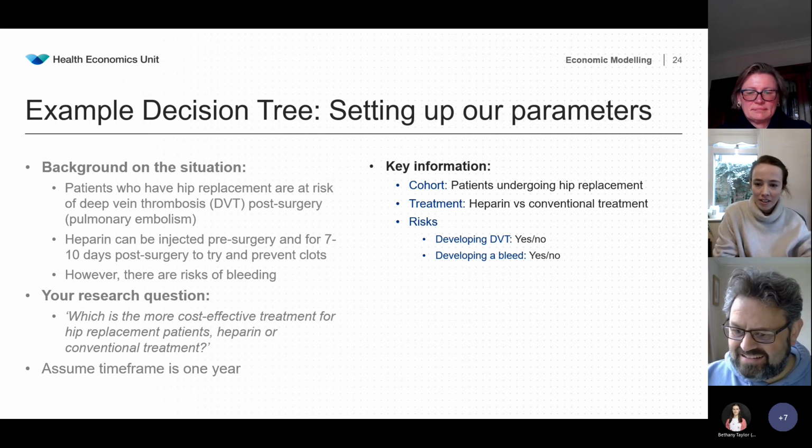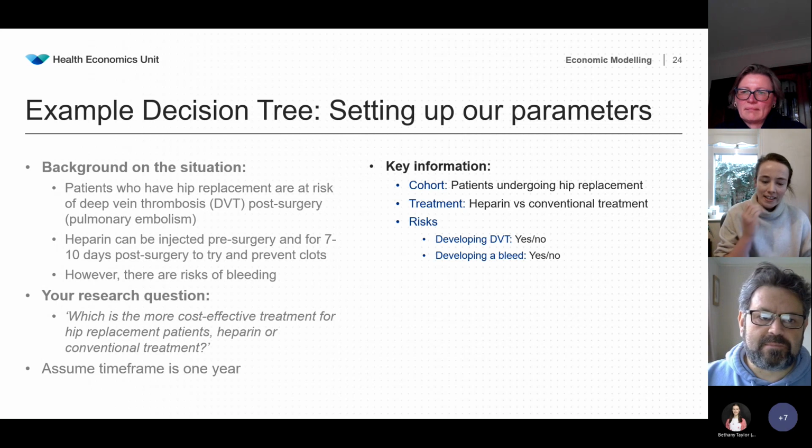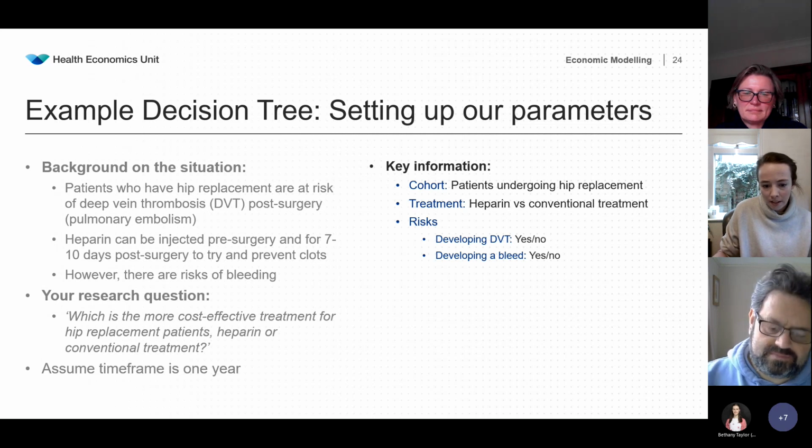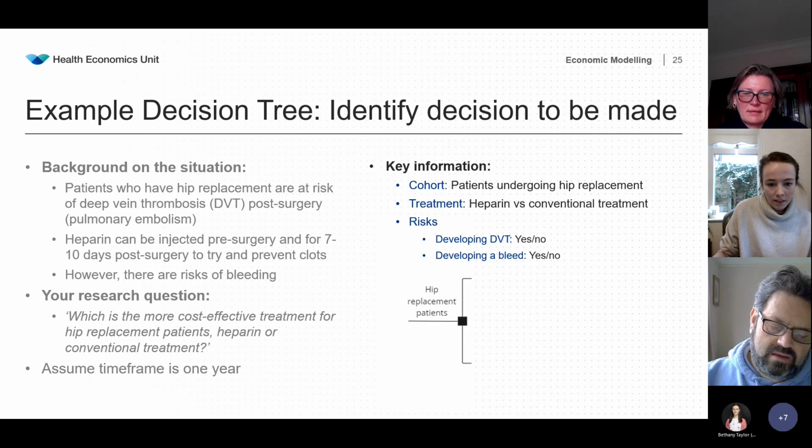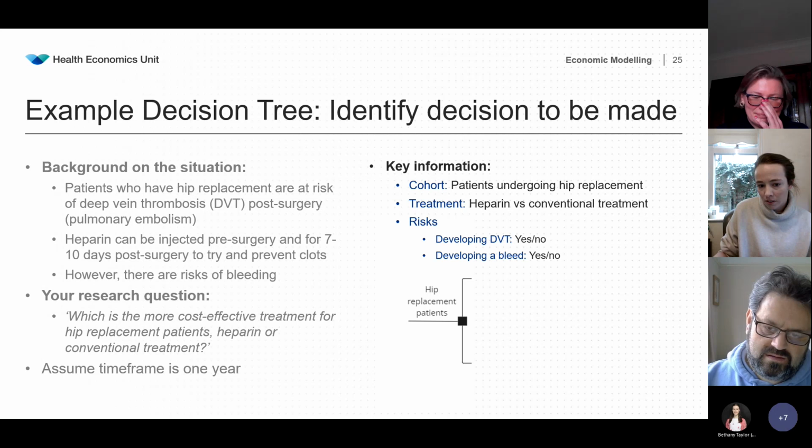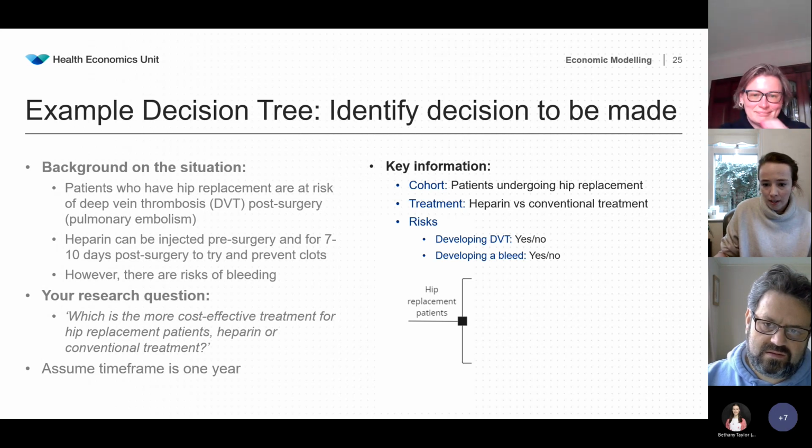Okay, so if you are having a little bit of trouble with where to start, here's some key information pulled out. These are basically the 4 branchings that you're going to look at. It might have started by looking at this. The first step is that you're going to define your population: hip replacement patients.